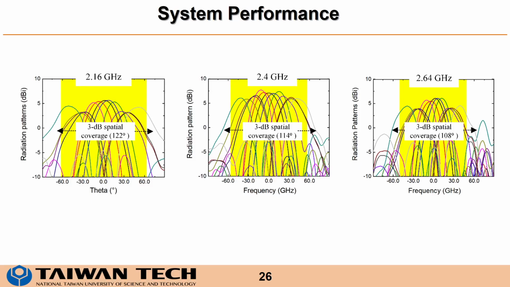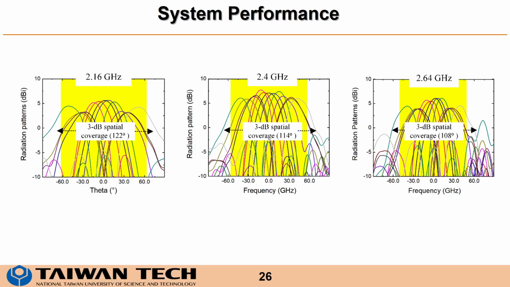And here, we show the spatial coverage of the array antenna, and this is one of the very important properties that we need to consider when we try to design the beamforming network for the next generation of communication.